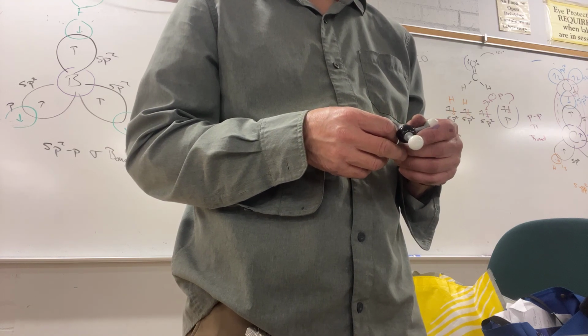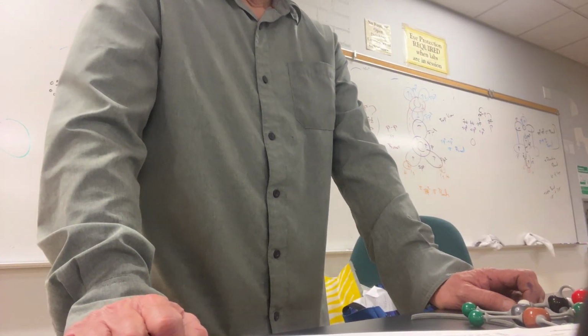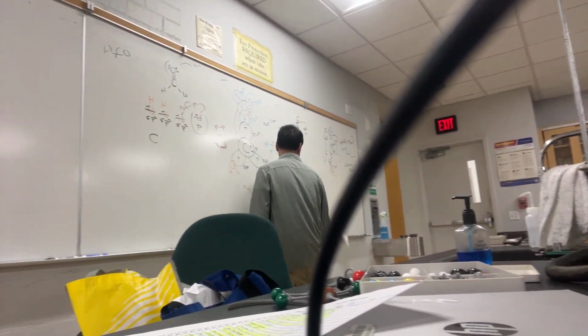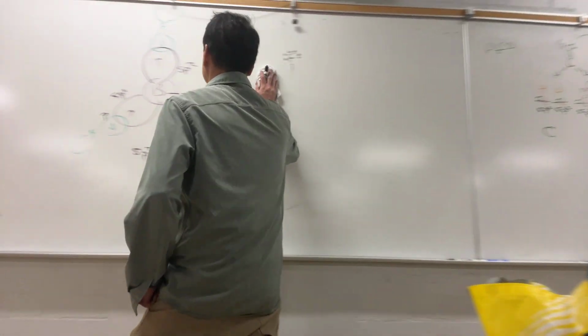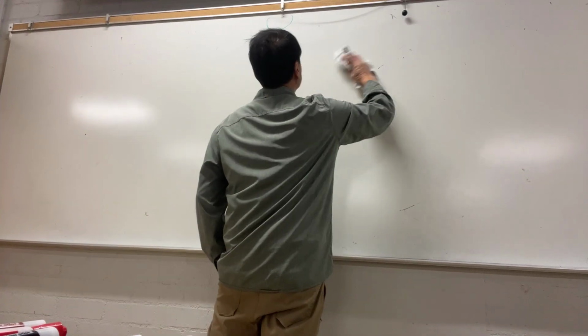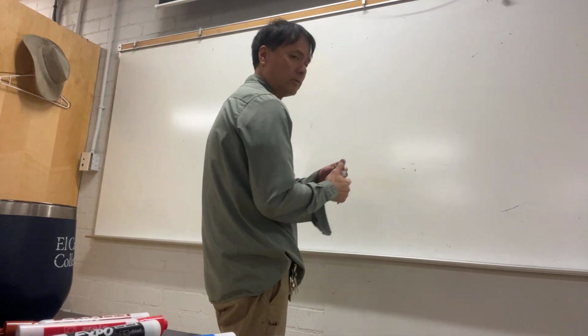All right, just a couple more things to say, and then we'll stop. Let's look at bonding environment. Sometimes you could use these as little shortcuts. So carbon likes to form 4 singles, 1 double and 2 singles, or 1 triple and 1 single.